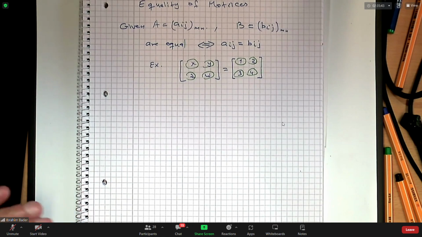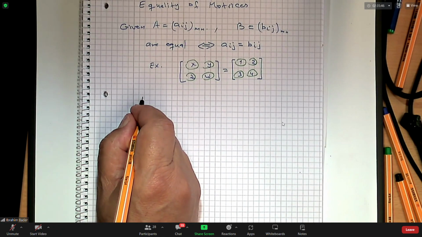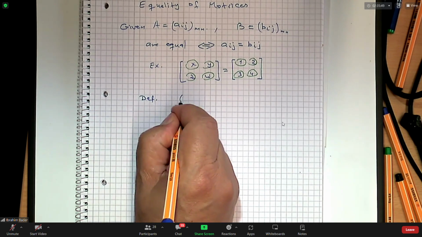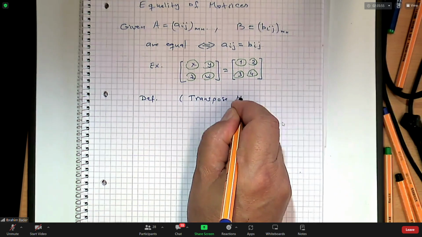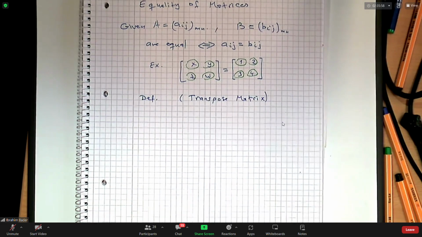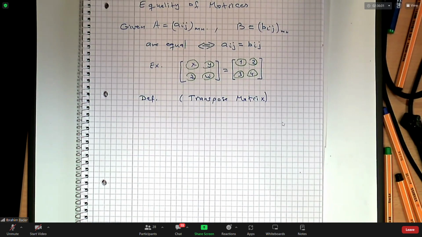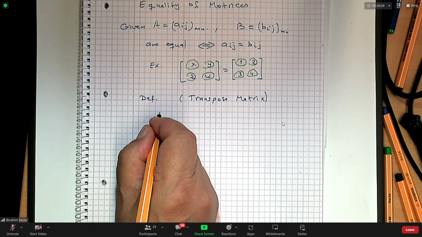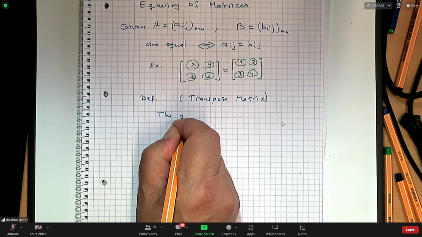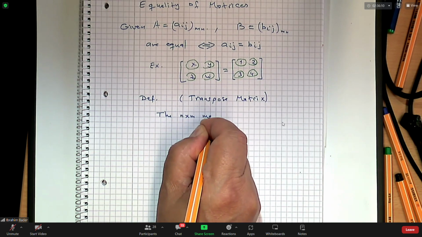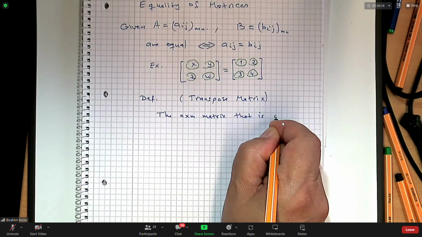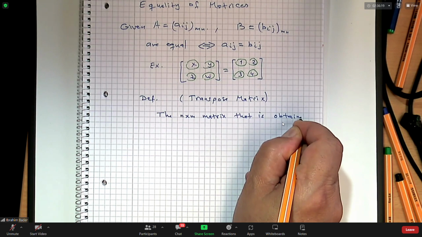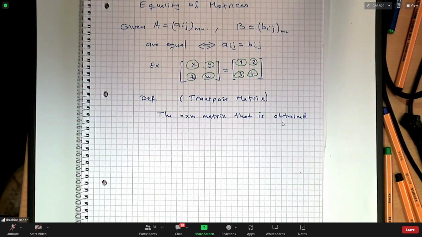Now, another thing that is closely related to matrices is what we call the transpose matrix. What is the transpose matrix? The n times m matrix that we obtain, usually this matrix, what we call transpose, is just flipping rows and columns.